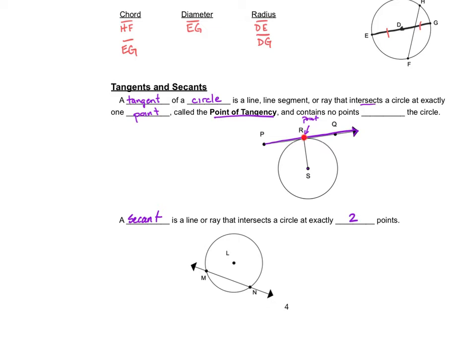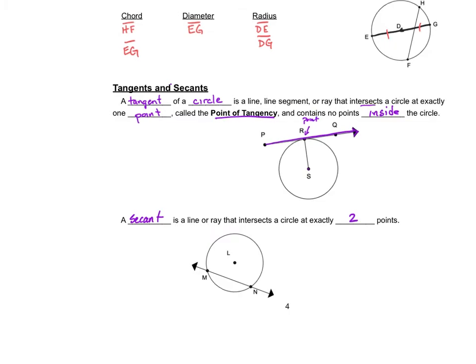A tangent to a circle intersects the circle at exactly one point and contains no points inside the circle. Sorry, forgot to fill that one in. But a secant passes through the circle, so you do have secants passing into the circle, not just onto the edge. So that is the difference between a secant and a tangent.